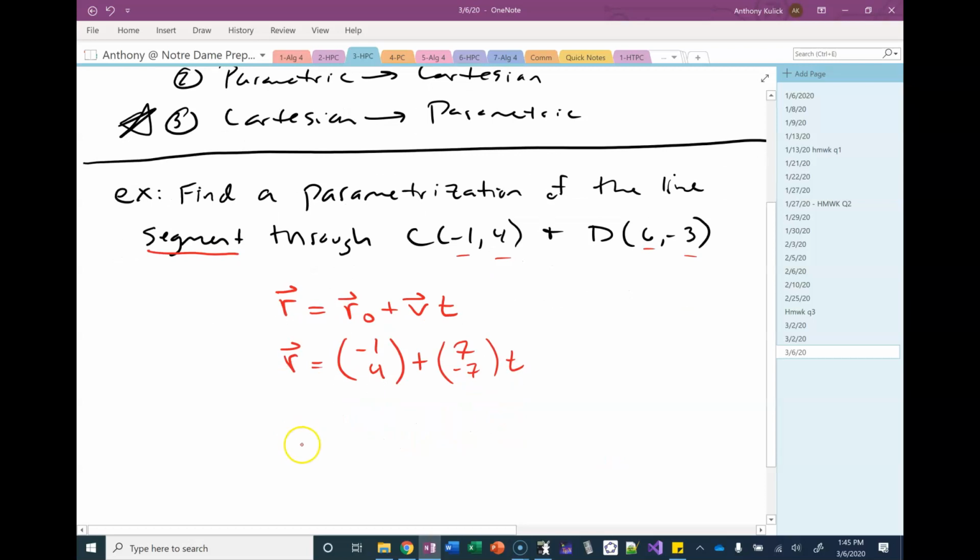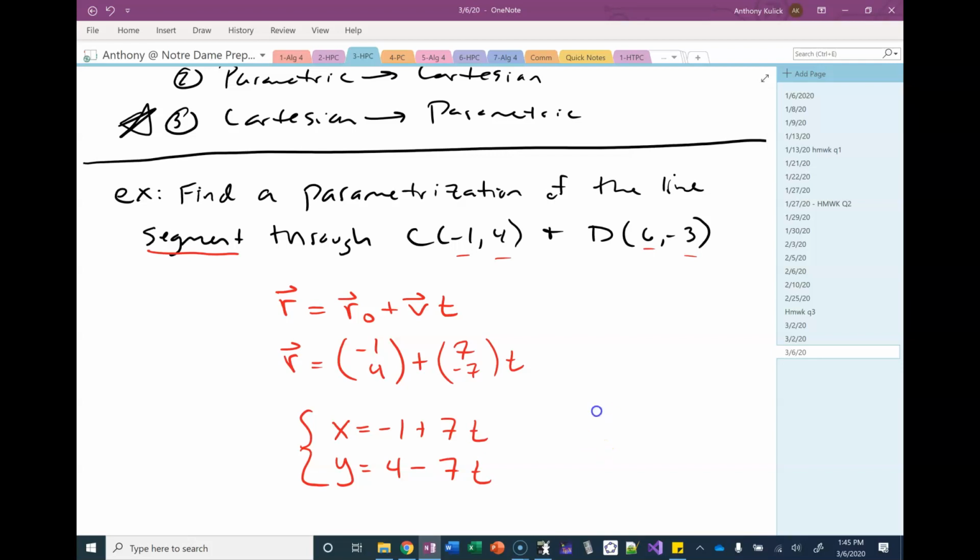So this vector equation immediately gives me my parametric function, where the x components of my vector equation is my x parametric equation, and the y components of my vector equation give me the y parametric equation.